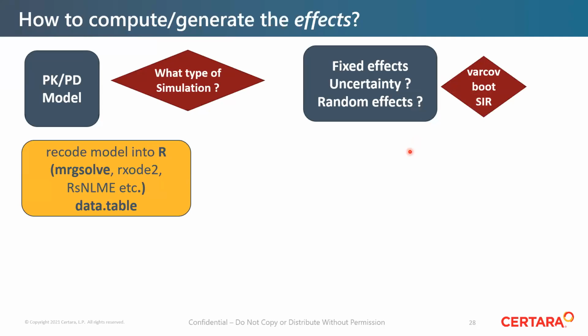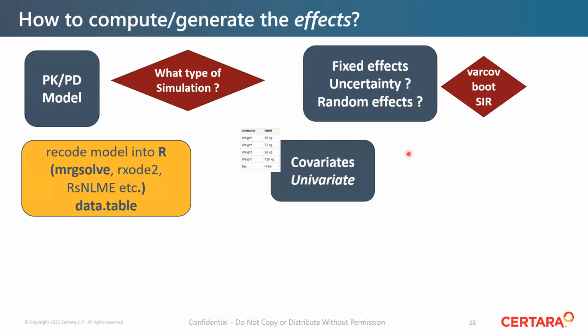So it is compatible. And next comes a question: what kind of covariate do I plug into my simulation? First, we can vary one covariate at a time, or what I call covariate univariate, where you vary, say, weight, and keep albumin and other covariates at reference.